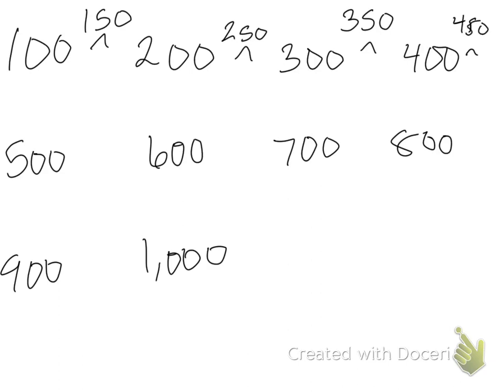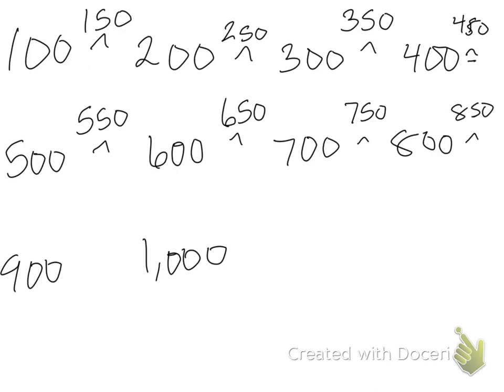These little arrows I'm drawing just show that it goes in between. Okay. Then we have 550, 650, 750. There we go. 850, 950, and then 1,000.